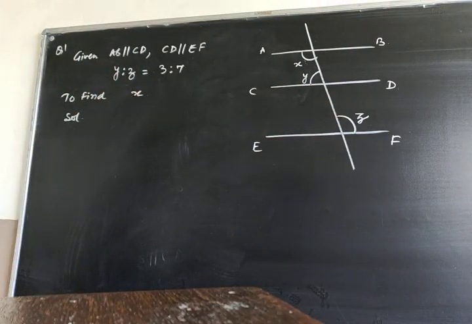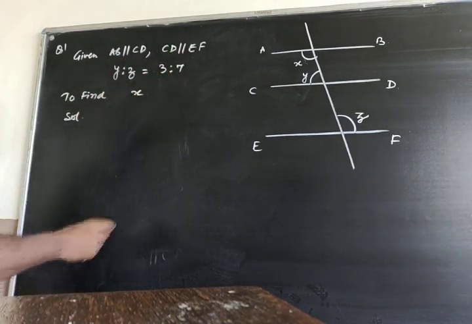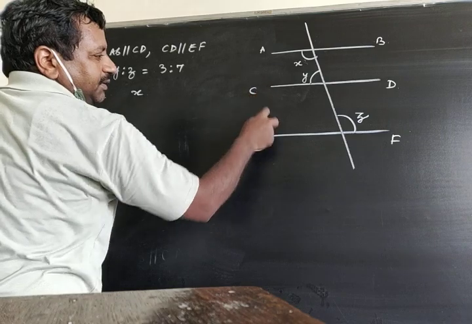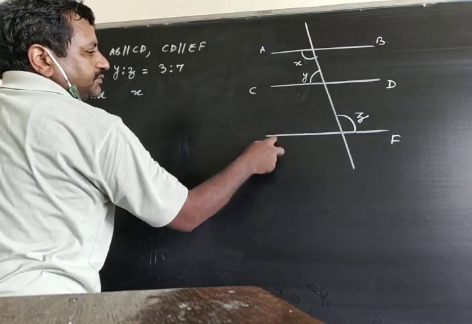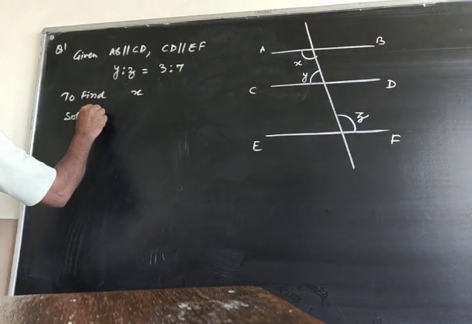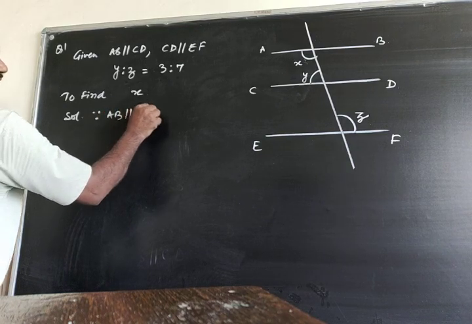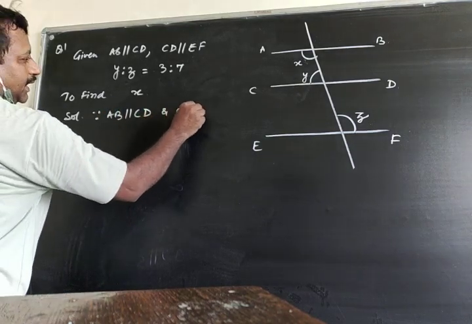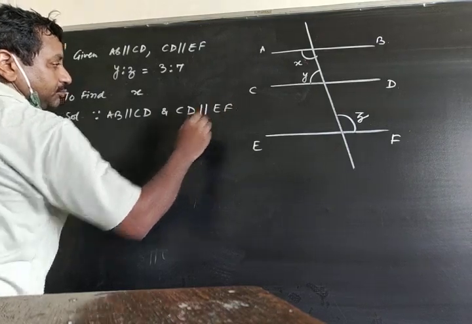So what will we do? First of all, AB parallel to CD and CD parallel to EF. Therefore, AB parallel to EF. This is an important line.